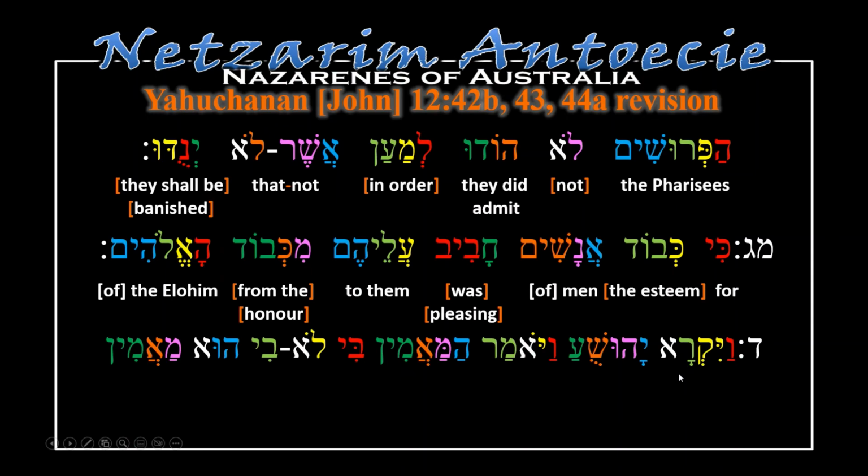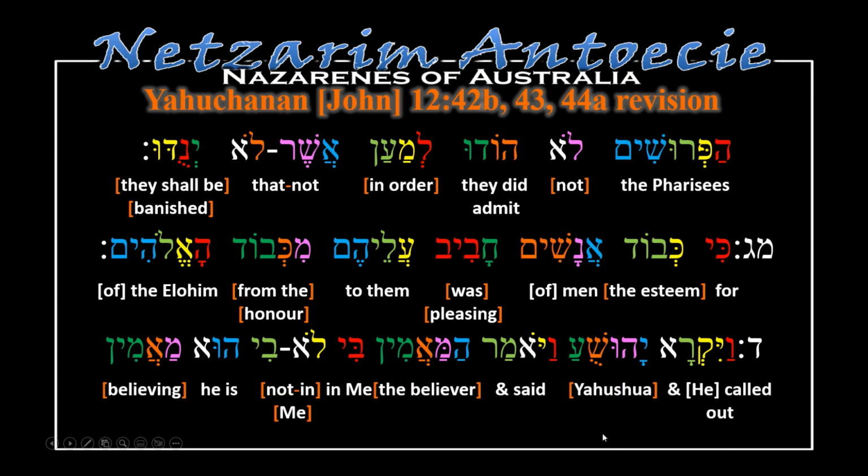Vayikra, and he called out Yahushua, vayomar, and he said, ha-ma'amin bi, the believer in me, lo bi, not in me, hu ma'amin, he is believing. And he called out Yeshua and said, the believer in me, not in me, he is believing.